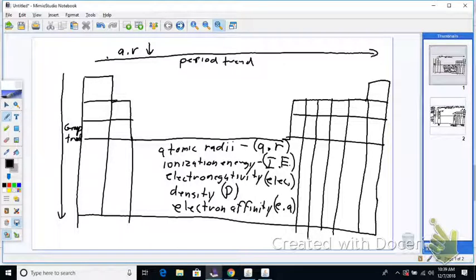A lot of you guys used that as your reasoning when you did your trends. So going down, what does AR do? It increases in size. So as I go down the group, atomic radii increases. Any questions on that? Atoms get smaller as you go across, and they get bigger as you go down.